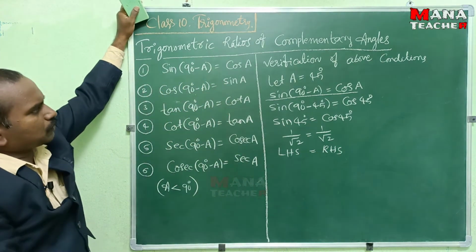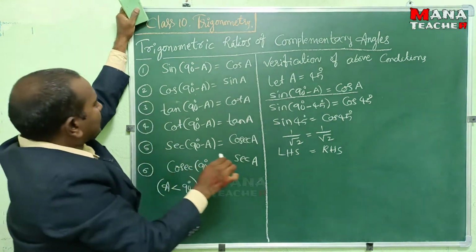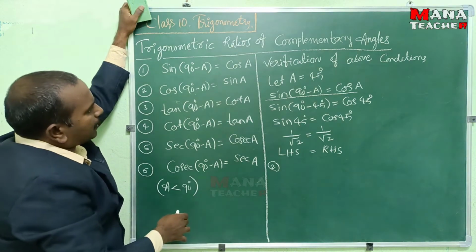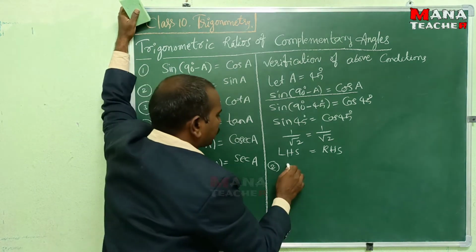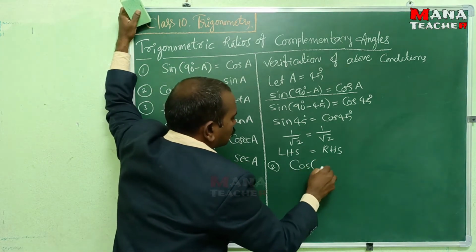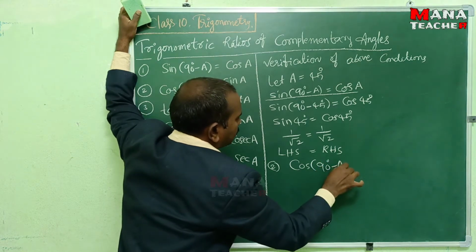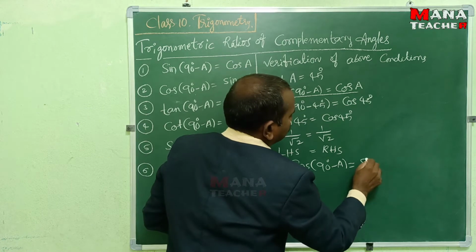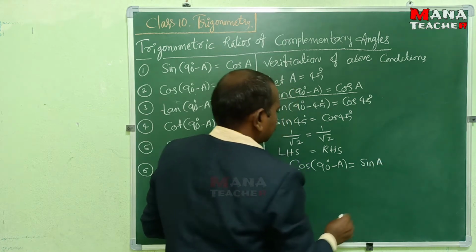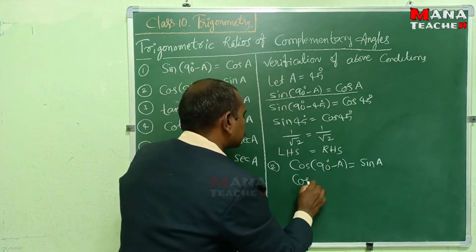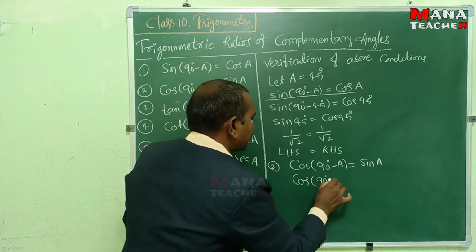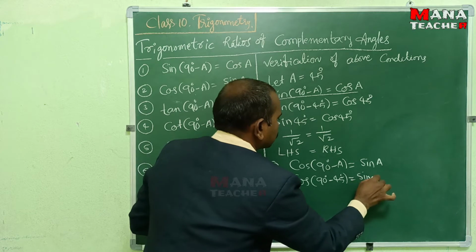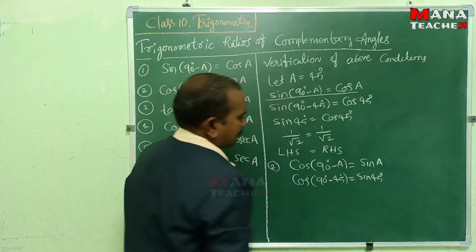Now take the second one, cos(90 minus A) equals sin A. Cos(90 degrees minus 45 degrees) equals sin 45 degrees.